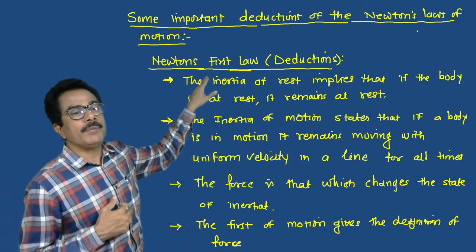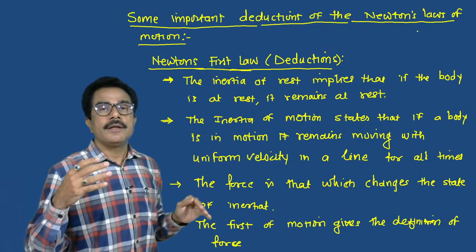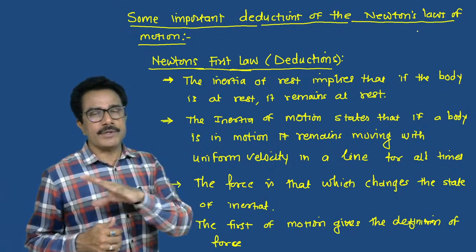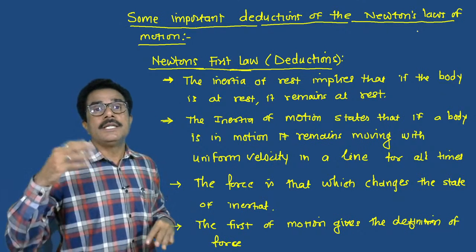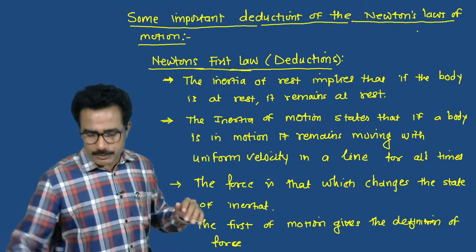So, some important deductions now we have to discuss, which are obtained from Newton's laws of motion. There are 3 Newton's laws of motion, so we have to write the deduction from first law, deduction from second law, deduction from third law.